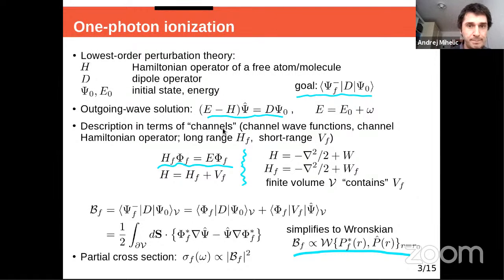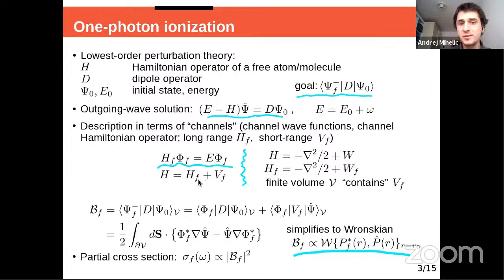Now, the photofragmentation process is usually described in terms of channels or channel wave functions. And these channel wave functions are usually the eigen wave functions of the channel Hamiltonian, which can be, in fact, different from the total Hamiltonian.